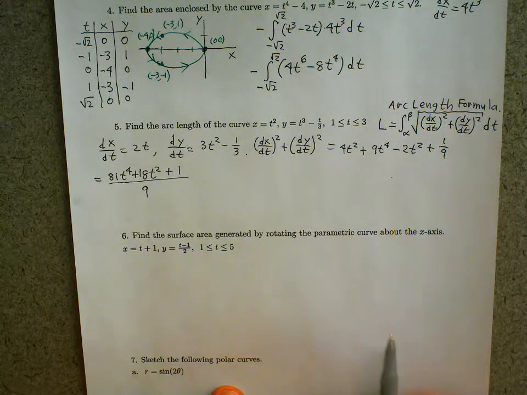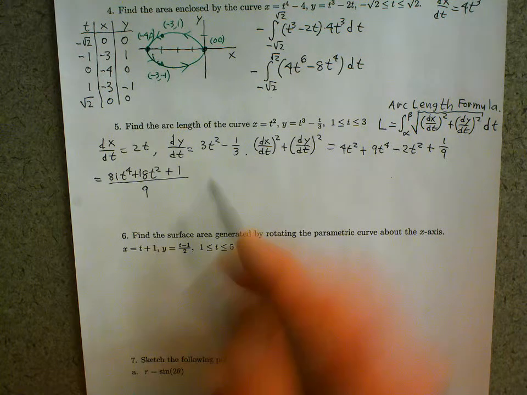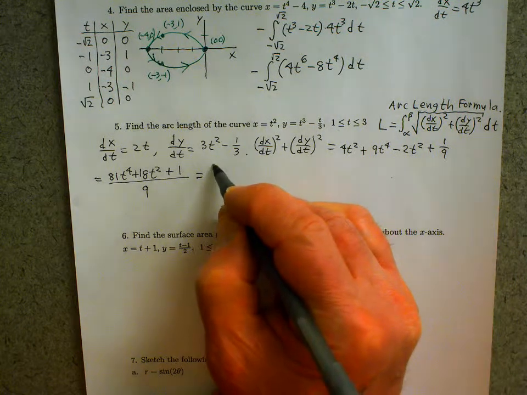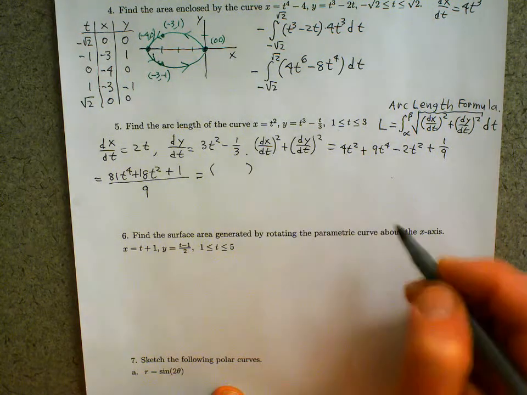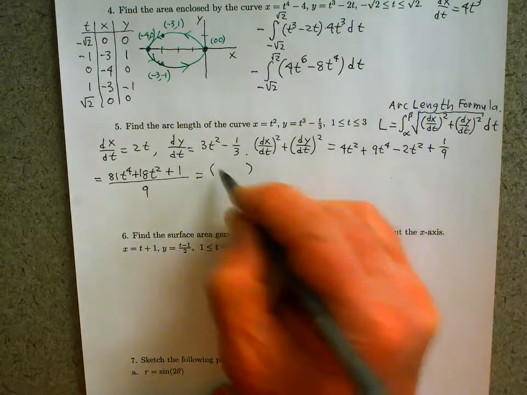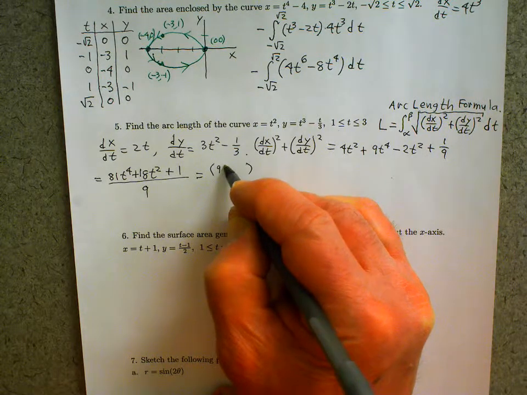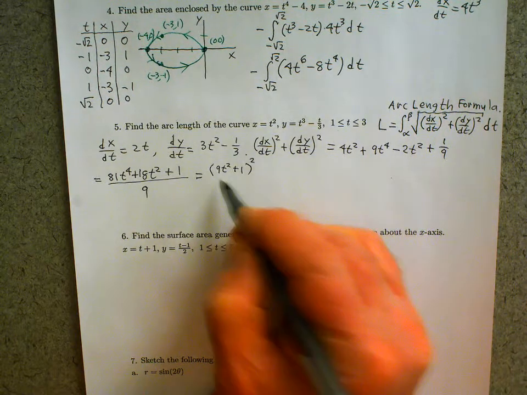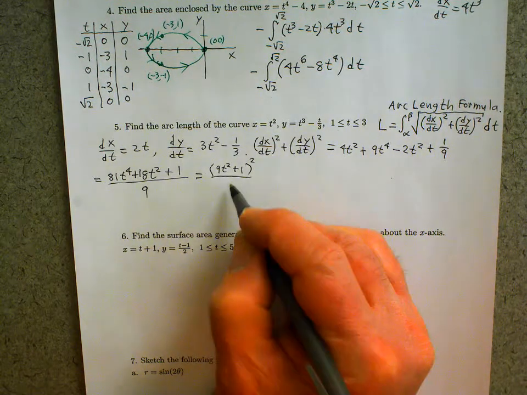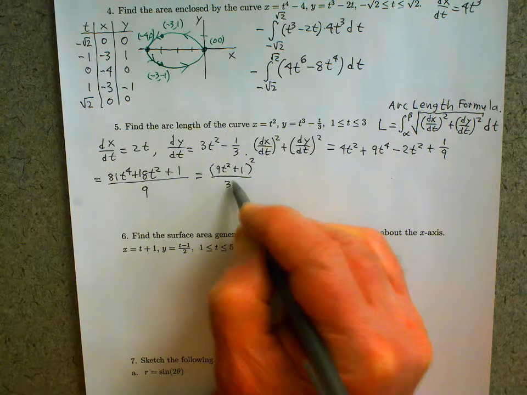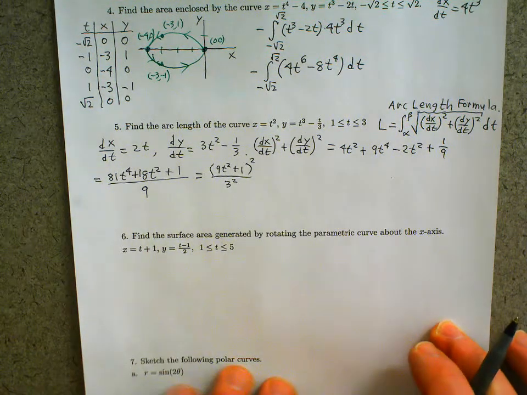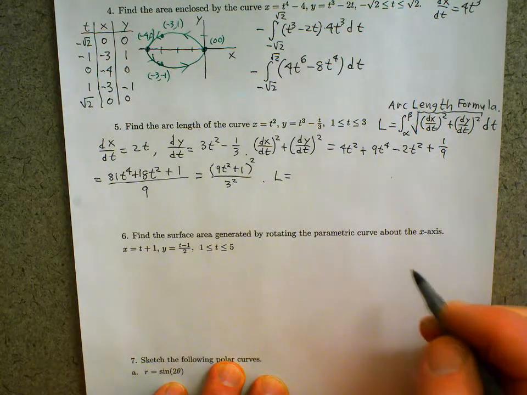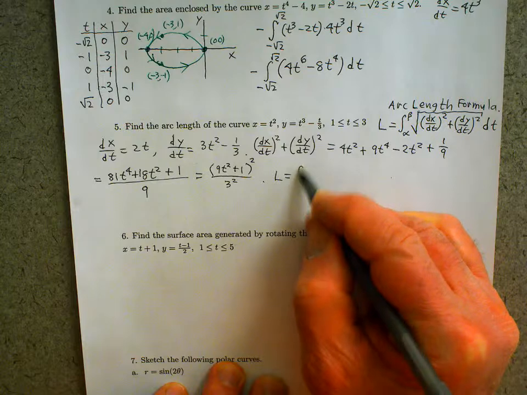Okay, both the numerator and denominator are perfect squares. So when we factor the numerator, we can write it as (9t squared plus 1) quantity squared. And in the denominator, 9 is 3 squared. So this perfect square is going to go inside the square root when computing the arc length.